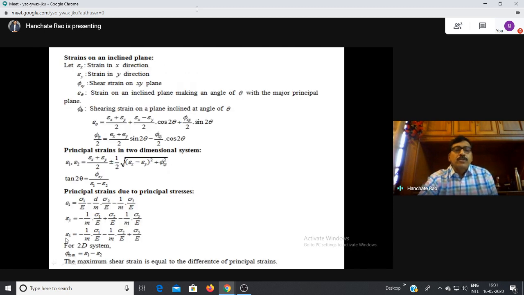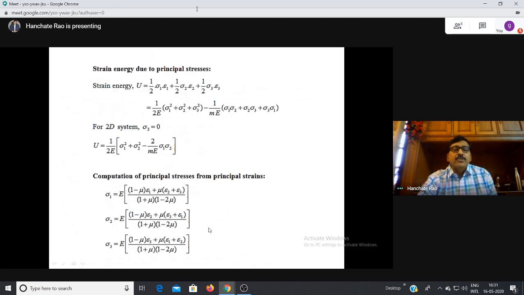Here I have given three equations for epsilon 1, epsilon 2, epsilon 3. So solving these three simultaneous equations, if you know epsilon 1, epsilon 2, epsilon 3 and the Young's modulus and the Poisson's ratio 1 by m, you can obtain sigma 1, sigma 2 and sigma 3. If you solve that, you get sigma 1, sigma 2, sigma 3 as these equations. I don't recommend that you remember these equations.